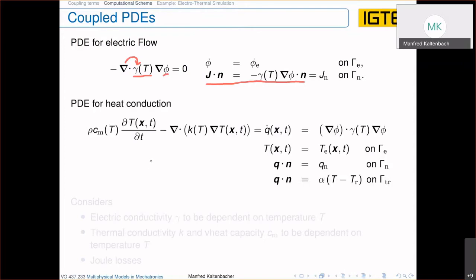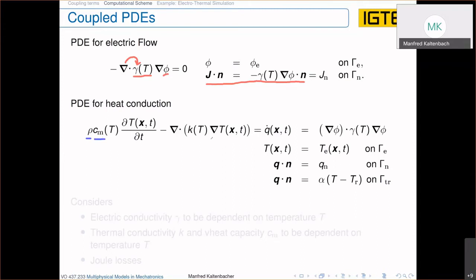Now have a look also at the heat conduction equation. So we know we have here the time derivative, we have here the scaling of the time derivative with our material parameters, which is the density rho and the specific heat capacity Cm.